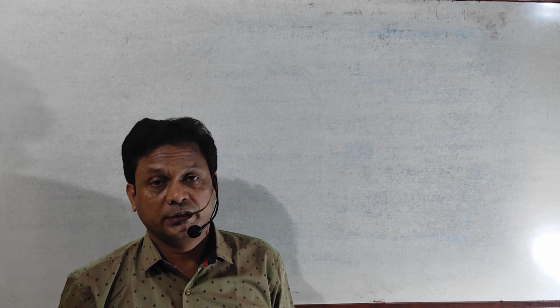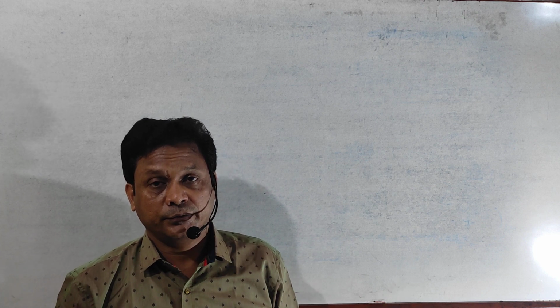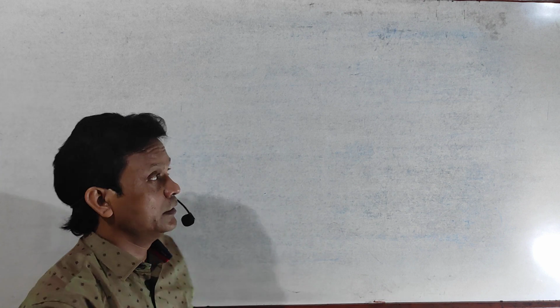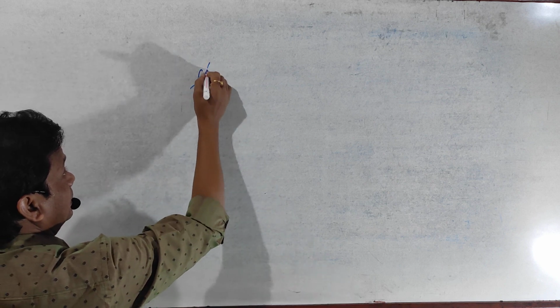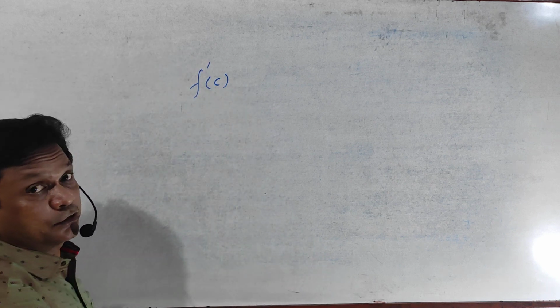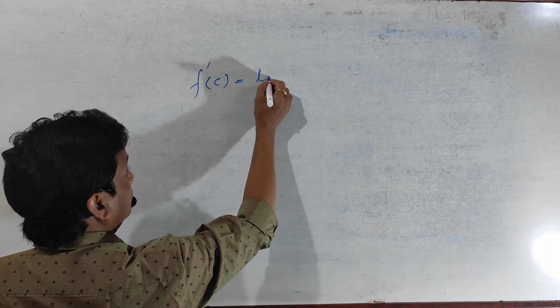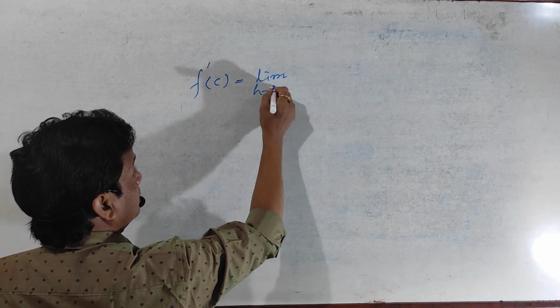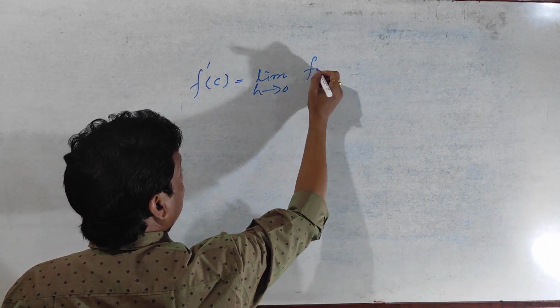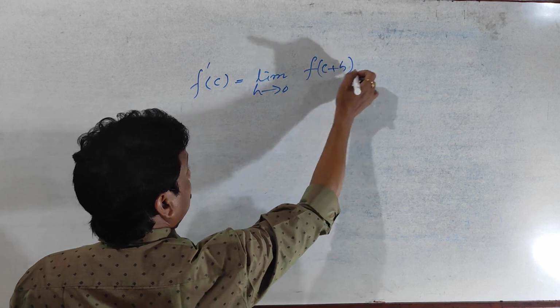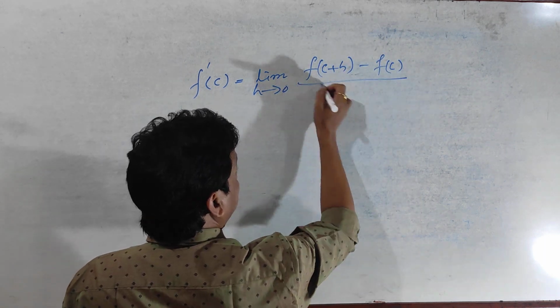If the derivative of a function f of x exists at x is equal to c, then how do we write its value? The derivative of f of x at x is equal to c is the limit as h tends to 0 of f of c plus h minus f of c divided by h.